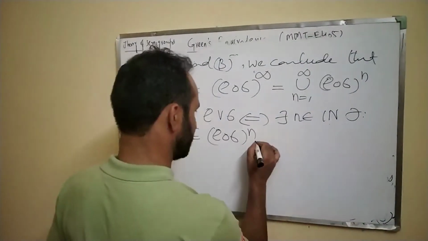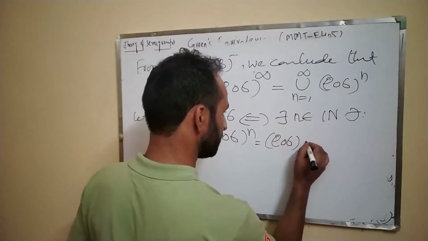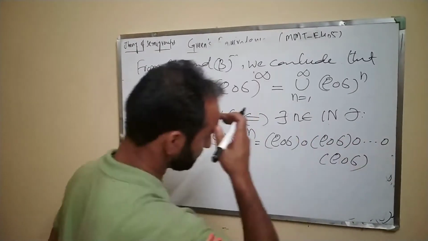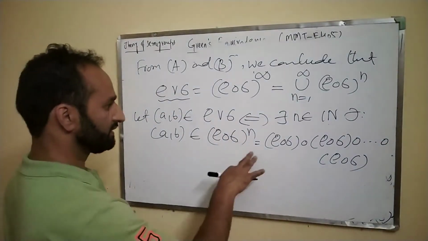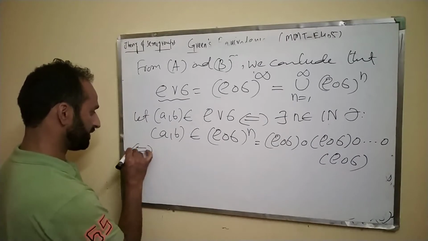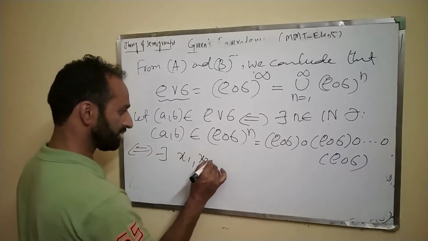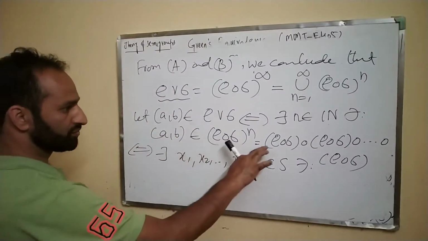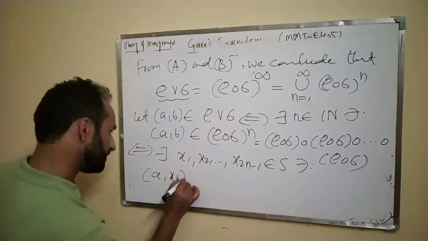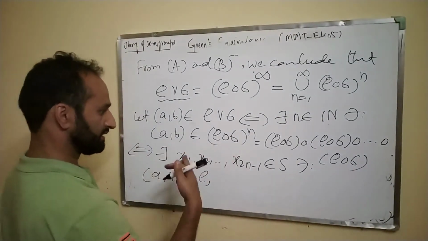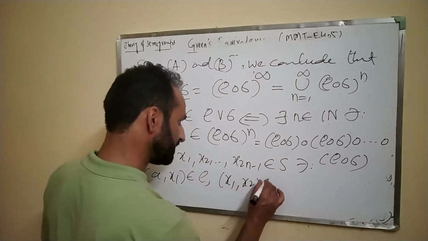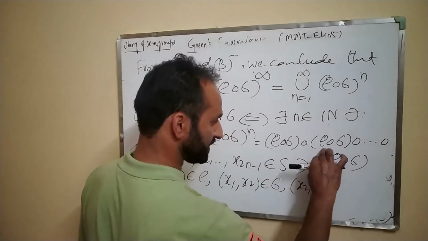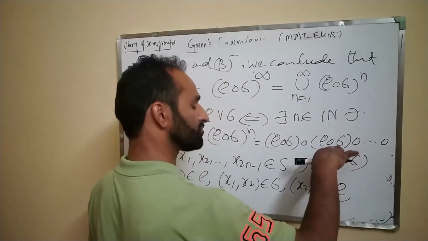So now you can expand this. It's rho composition sigma composition rho composition sigma, n times. Now by definition of the composition, this is true if and only if there exist x1, x2, and so on up to x(2n-1) in S, such that a comma x1 belongs to rho, x1 comma x2 belongs to sigma, x2 comma x3 belongs to rho, and the next belongs to sigma.